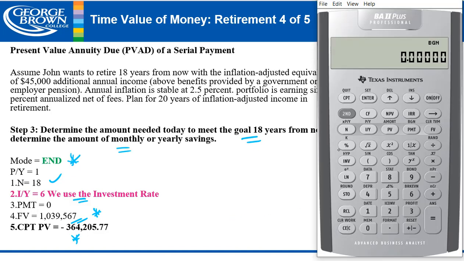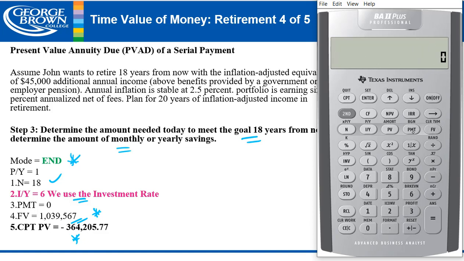So let's bring up the calculator, get it out of that beginning mode, second begin, second enter, clear, clear. Okay. So just check again, always PY equals 1. Yes, that's fine. So we're going to have 18N, 6IY, and the future value is 1,039,567. That's our future value.